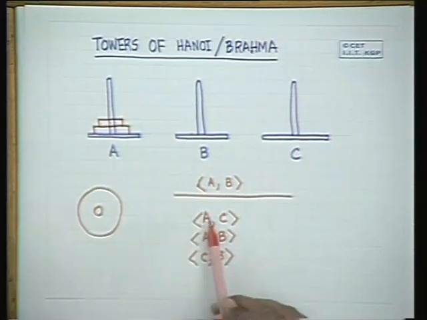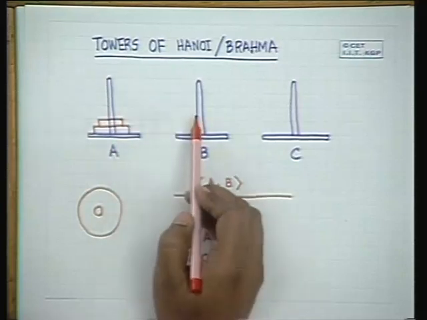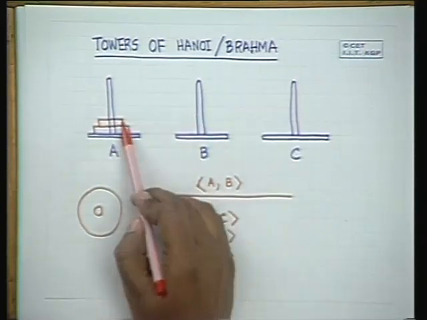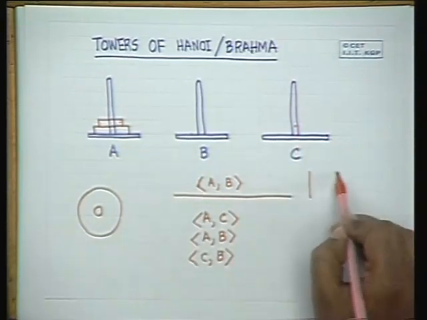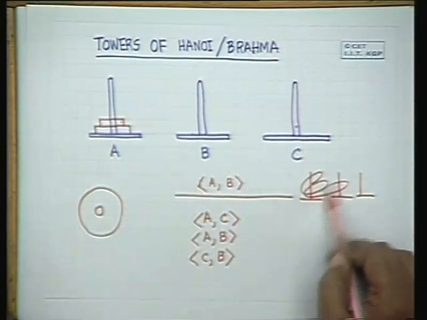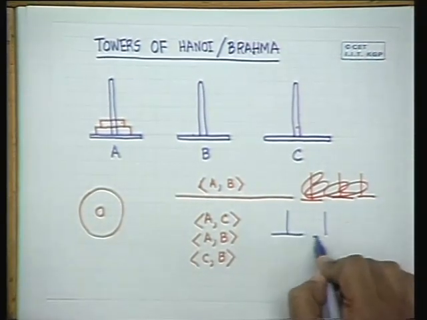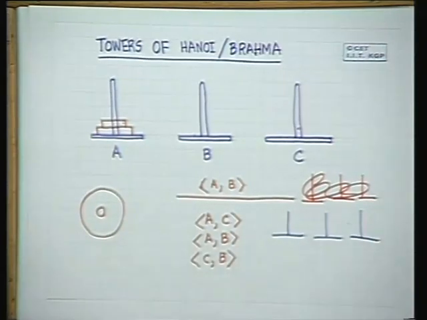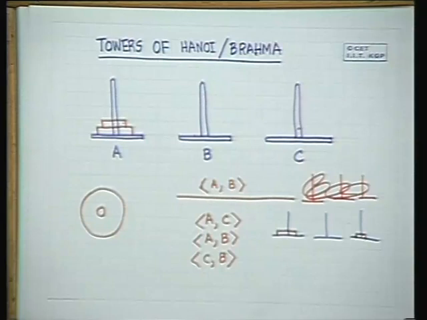Is that okay? So when you move from A to C, this peg will come here, and you will reach a configuration in which one was here and the smaller one is here.